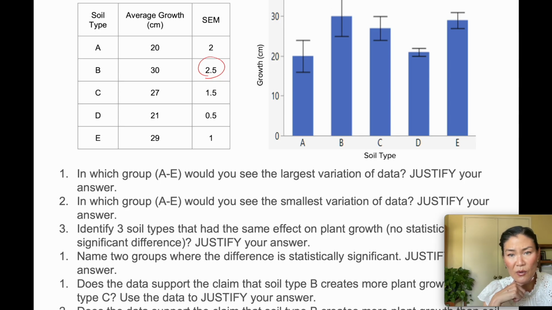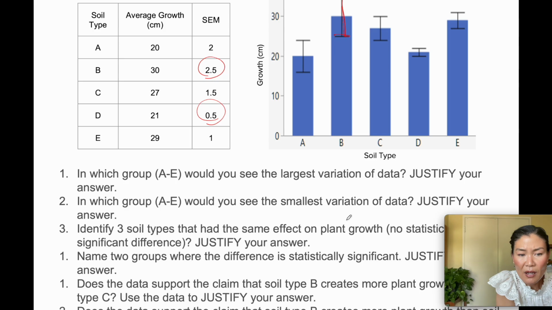It goes all the way up here and all the way down there. Whereas group D, our second question, has the smallest variation of data. It has 0.5, and when you graph it, it's multiplied by 2, so it's +1 and -1. And it has the smallest variation.